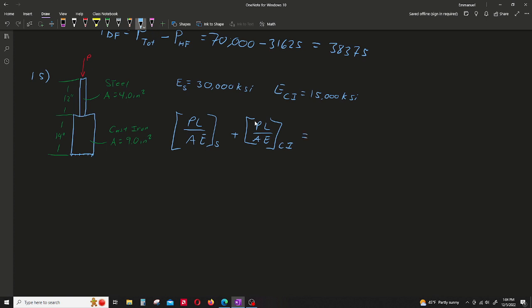And we also know our delta value here, which they said changed by 0.01 inches.